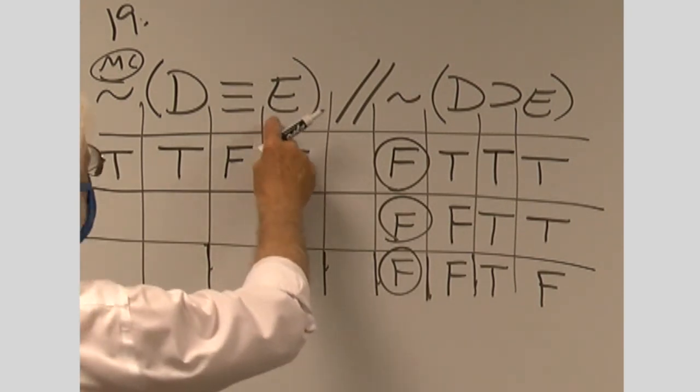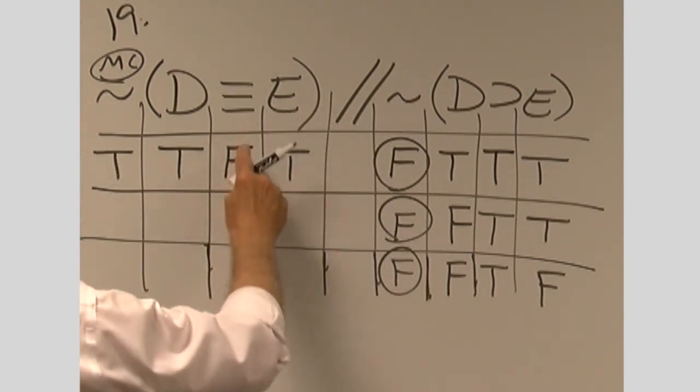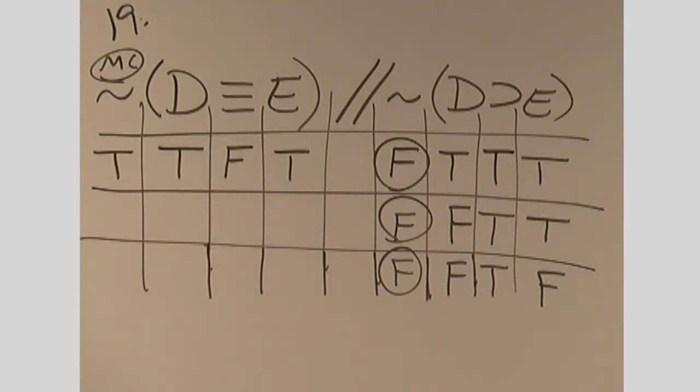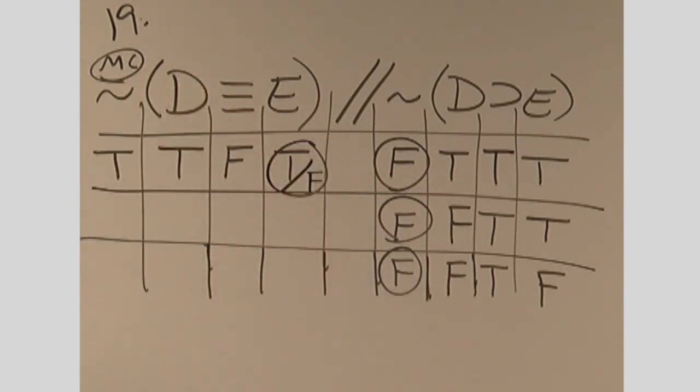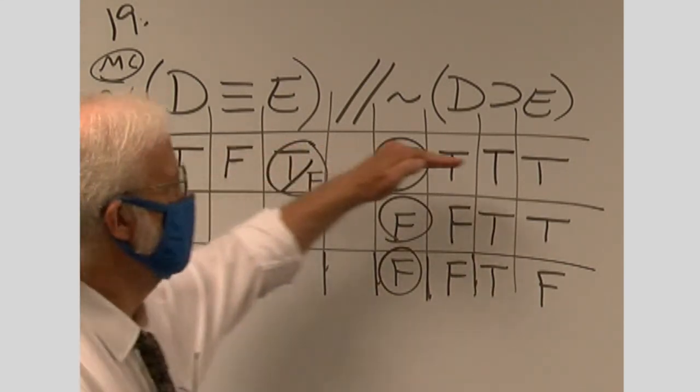Or we could say, let's let E be true, the triple bar be false, and let the D have the contradiction. In other words, you can put it anywhere you want, but you've got to have it somewhere. Given my line of reasoning, I think it'd be best to make E true and false. What that means is this row is not going to help me.